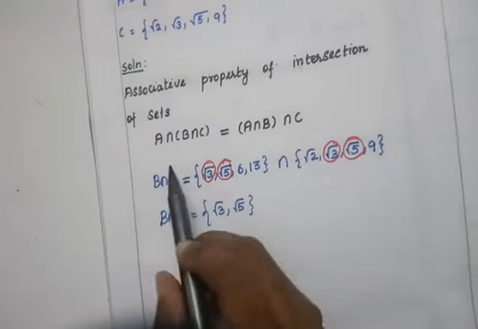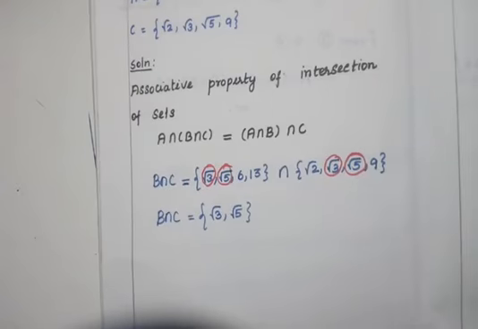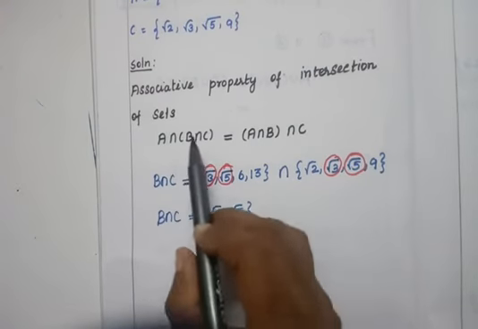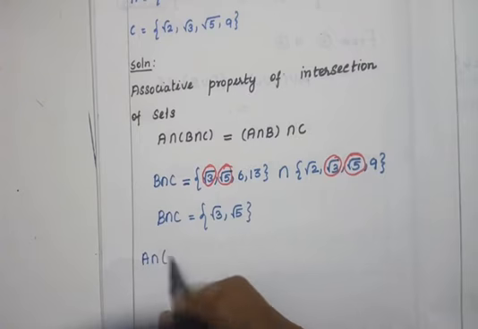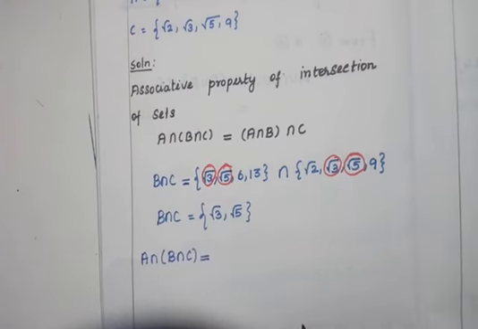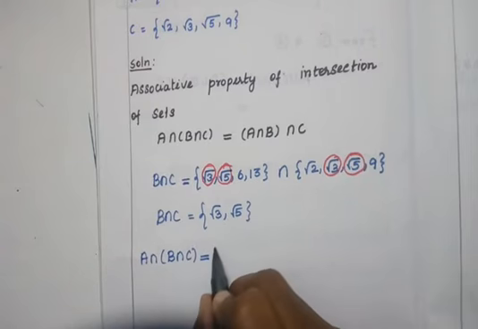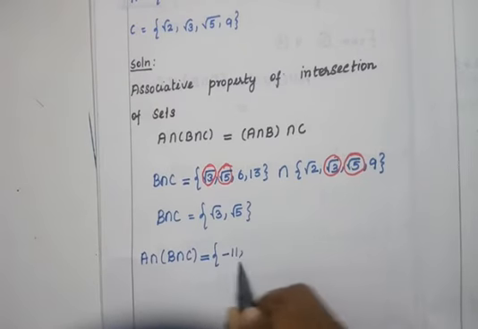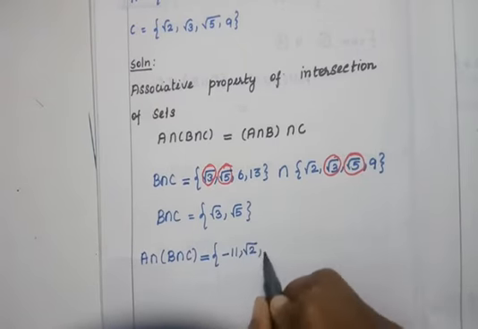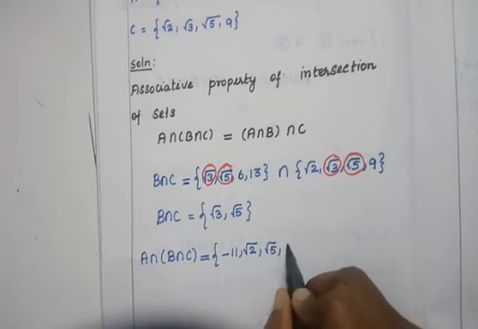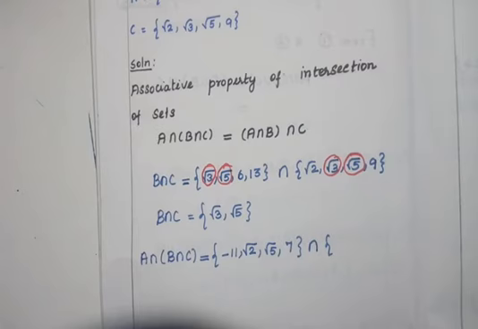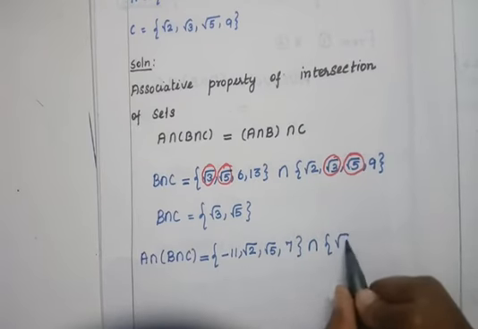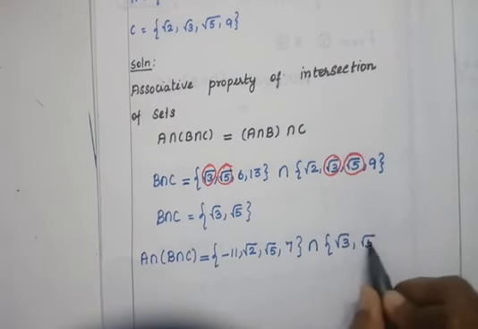Next we have to find out A intersection (B intersection C). A intersection (B intersection C) equals, what is the A set? {-11, √2, √5, 7} intersection, then B intersection C is {√3, √5}.